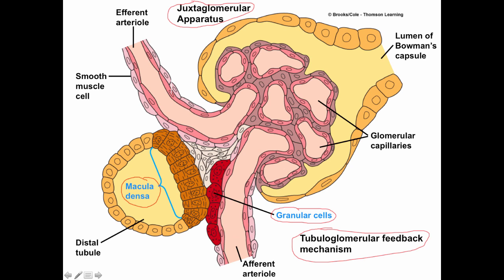That dilates the afferent arteriole, bringing more blood into the glomerular capillaries, recovering capillary blood pressure, recovering GFR, and bringing the flow rate through the distal tubule back to normal. So this process of communication between the macula densa cells and the granular cells, leading to constriction or dilation of the afferent arteriole, is the tubuloglomerular feedback system, which is the mechanism for autoregulation.